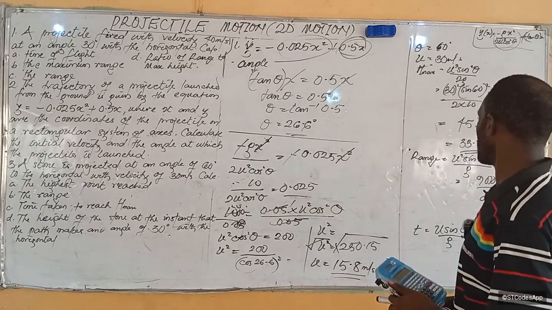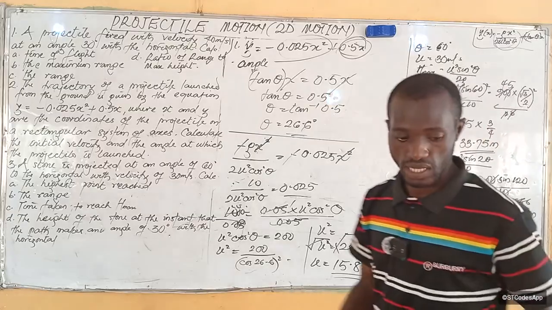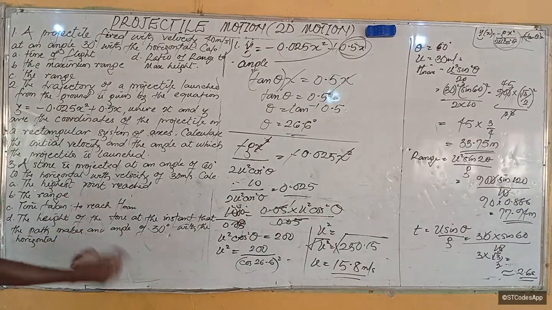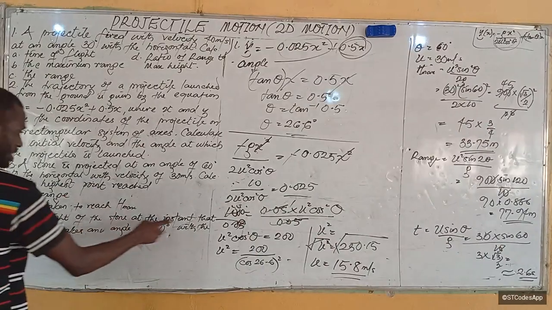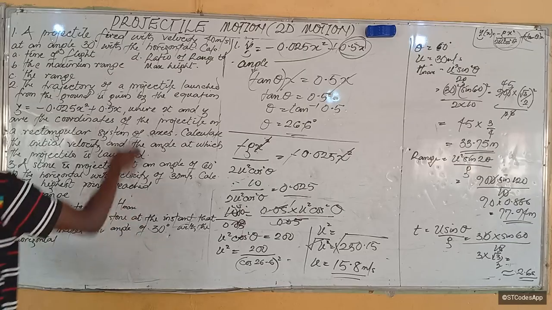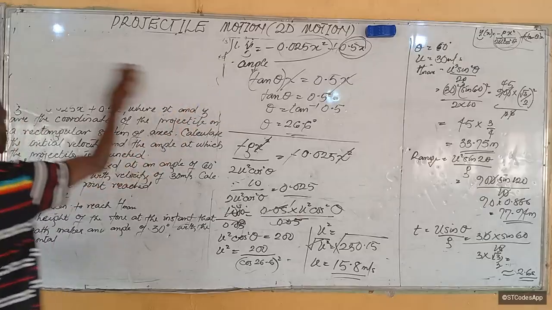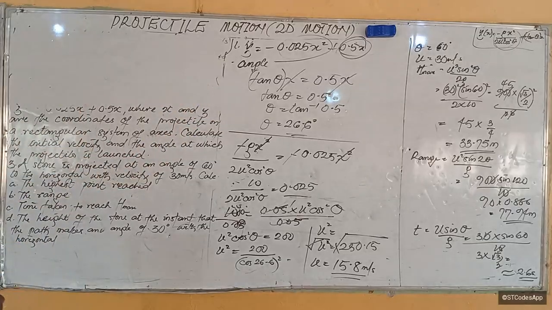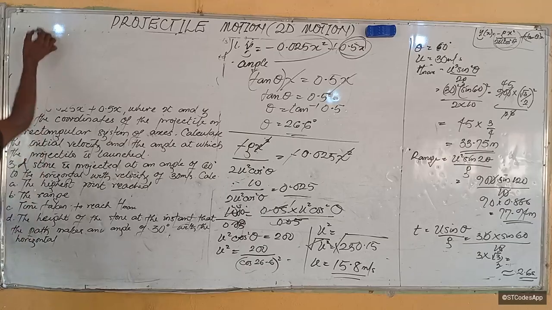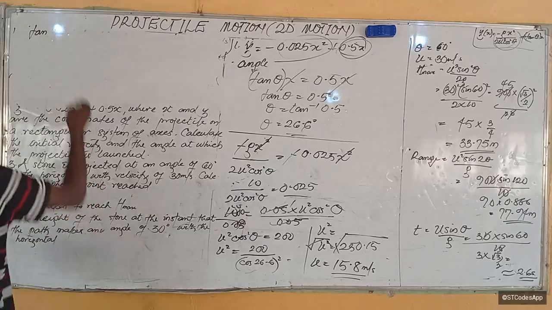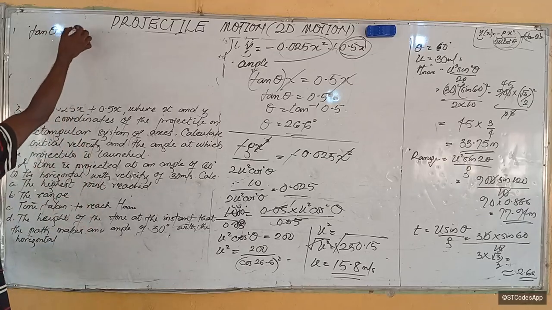Then the last one says we should calculate the height of the stone at the instance that the path taken makes this angle. So what we use is very simple. It's just this. You recall that tan, we're calculating height, right? That tan theta will be what?